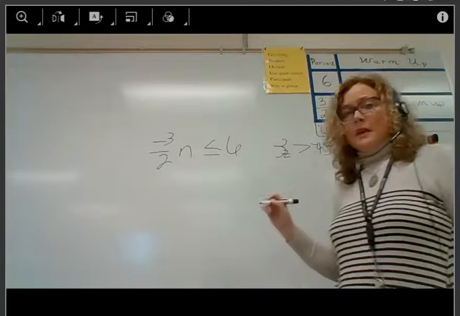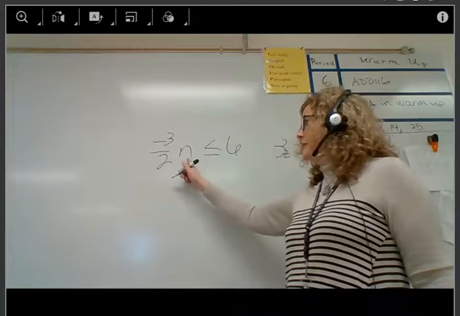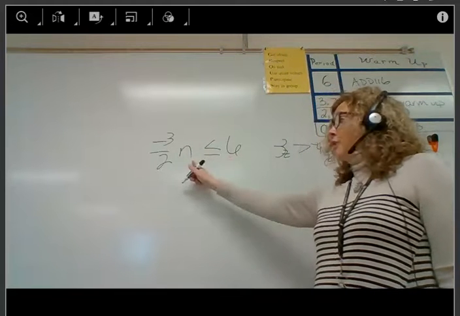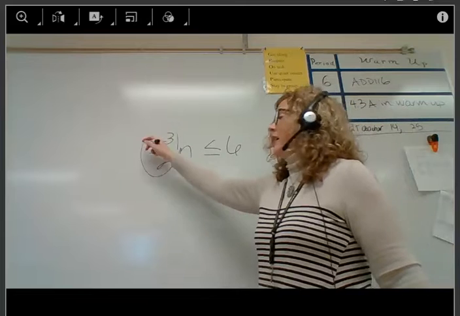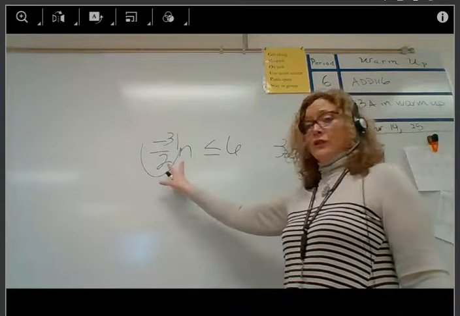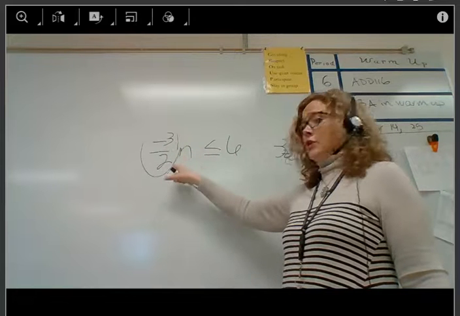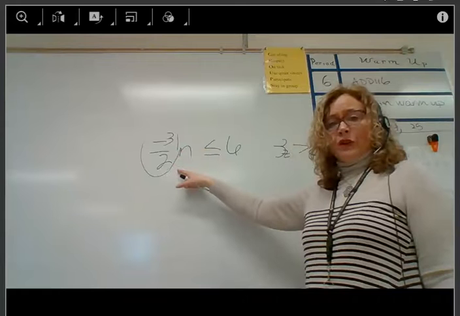Okay, so this is the first one, and it says negative 3 over 2 times n is less than or equal to 6. So what we're saying is we've got to get rid of this. Now, because it's a fraction, you can choose to do 2 things. Because this is multiplication, you can choose to do negative 3 over 2 divided by negative 3 over 2 on your calculator.